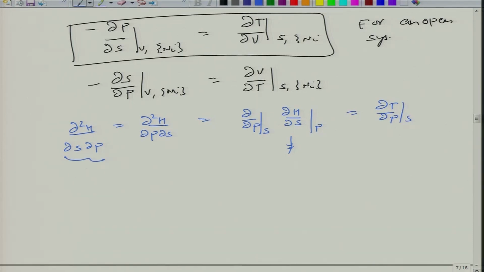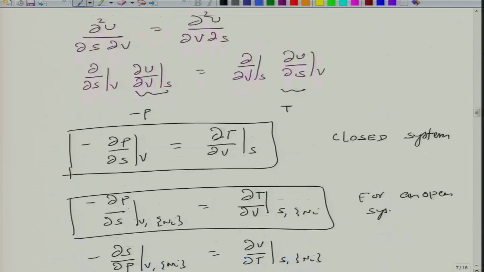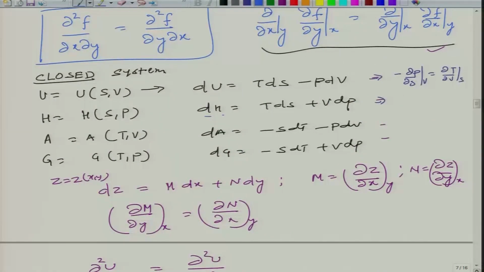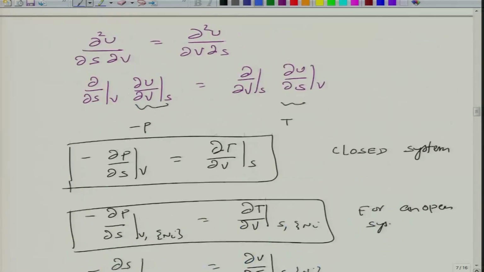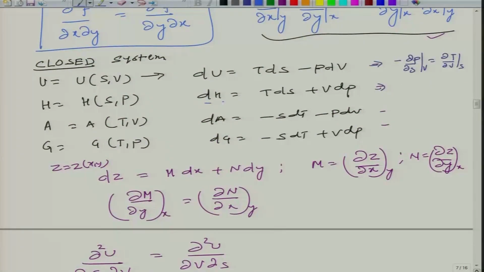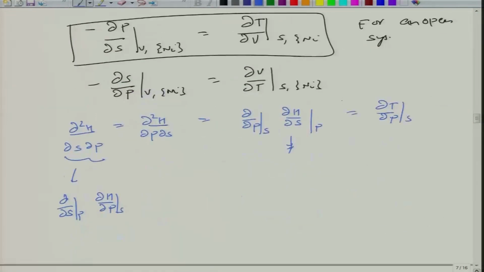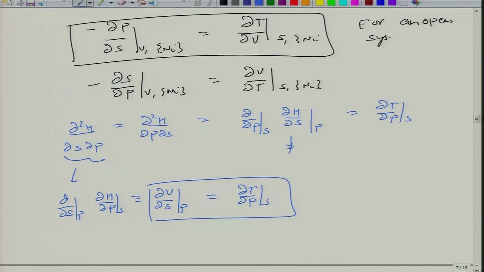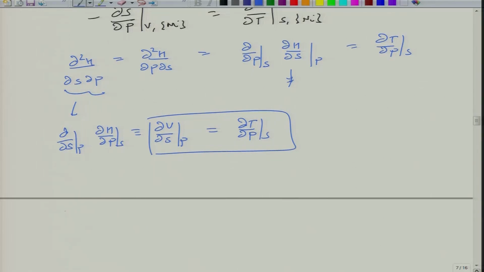So essentially I can write del T by del P at constant S. Similarly, here I can write del by del S of del H by del P at constant S. I go back to the differential expression, and del H by del P at constant S is nothing but V. So this is equivalent to saying del V by del S at P is equal to del T by del P at S. This is the second expression.